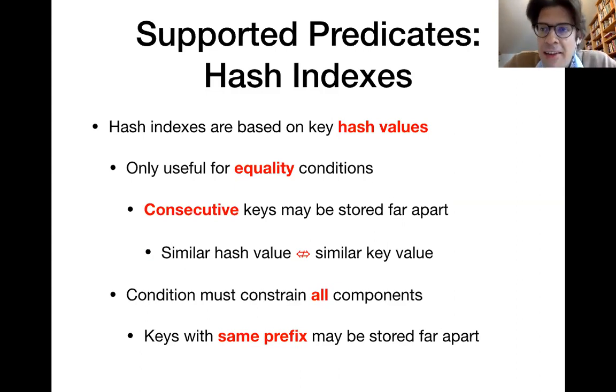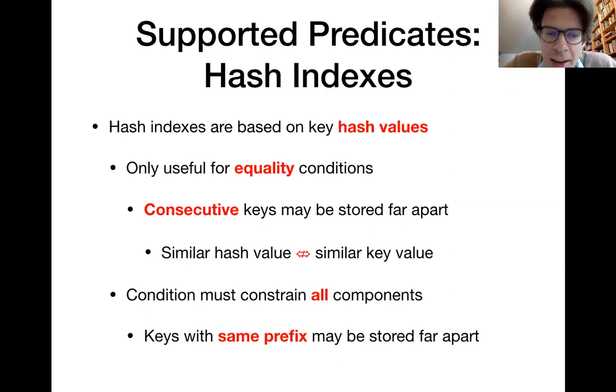On the other side, if two keys are similar, close together, it does definitely not mean that their hash values are close together in any way. And that means that they will probably be stored in different hash buckets, even if their key values are relatively close.